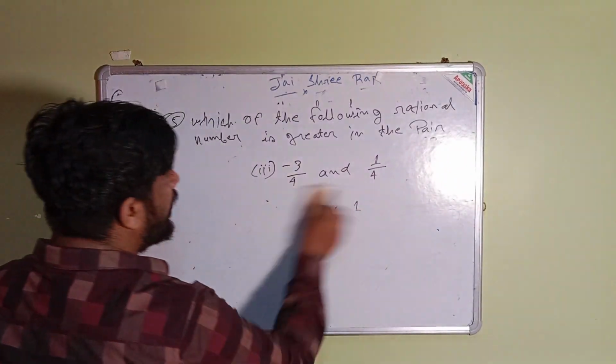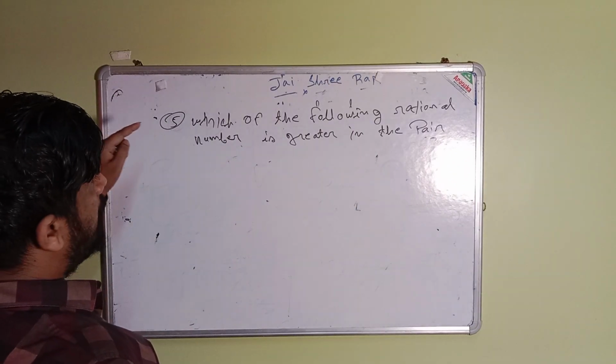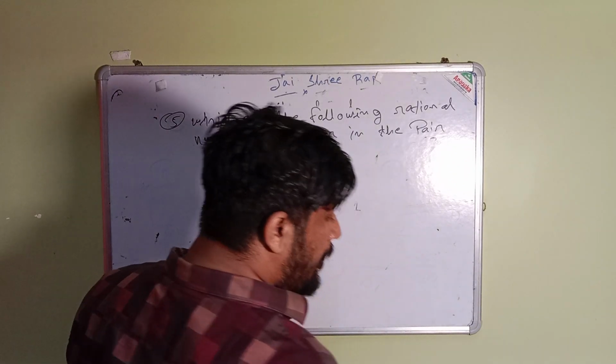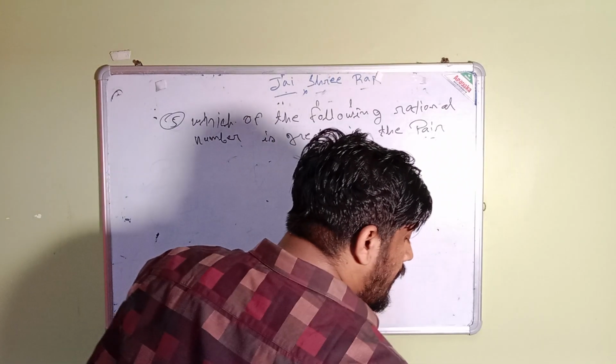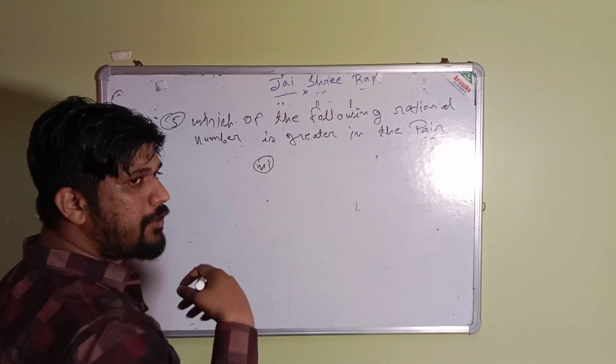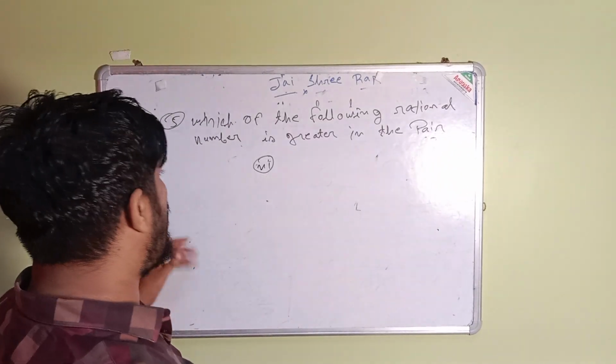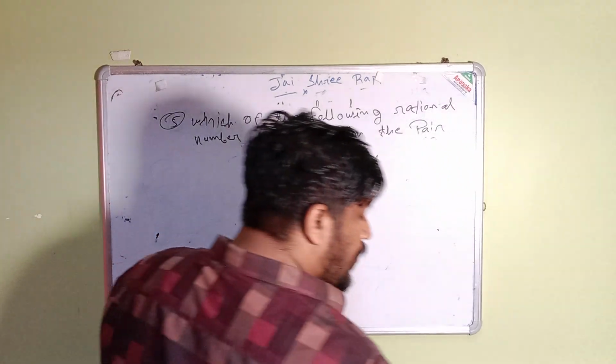Okay, I am going to the last number of this question, number 5, because all are very easy. I am jumping directly to number 6 because every question is very easy, you can solve by yourself.